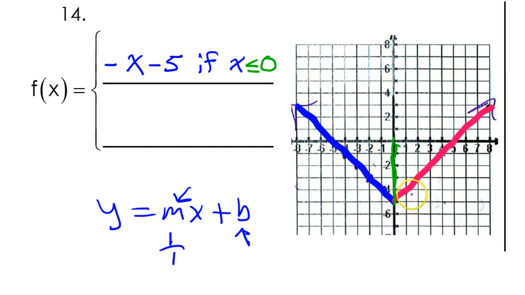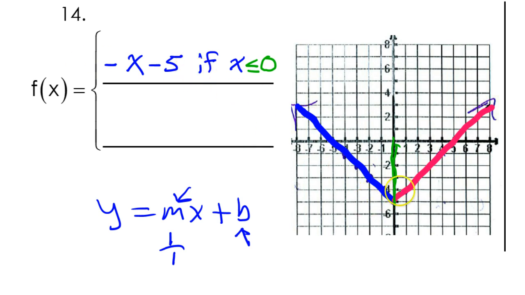And I'll let the other one have the 0 not included. But it's your choice. It would be the same function either way. So I'm going to go ahead and let the blue function own 0 and put less than or equal to 0. That means when I get to the pink function, I won't put an equal to. So there's no ambiguity. But either way is fine. Okay? So that's it for the blue function.